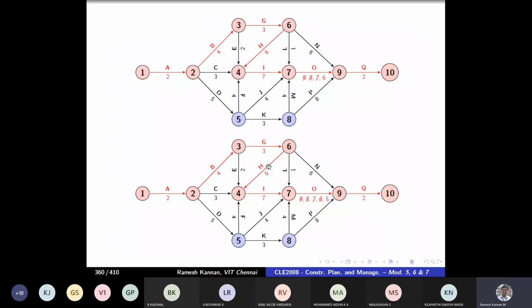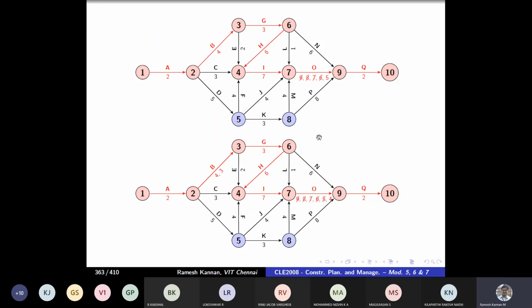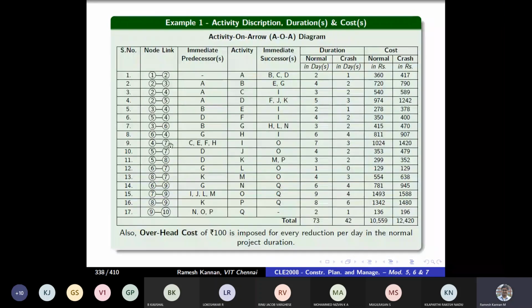In this example, I've exhausted all the 5, and even though we'll check, the maximum possible reduction is 4 for activity O. For activity O, the normal duration is 9 and the crash duration is 4.